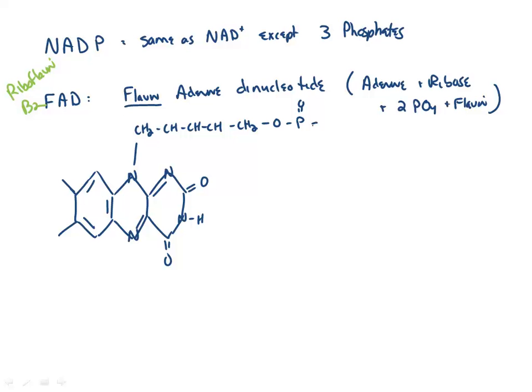And then I'm just going to put the rest of the molecule. And then there's a bunch of OHs here. And so that's what we call our flavin ring.